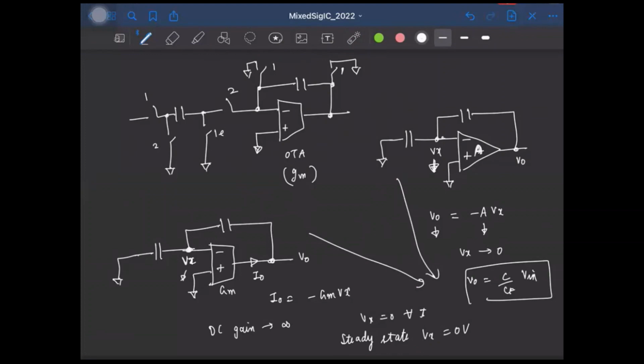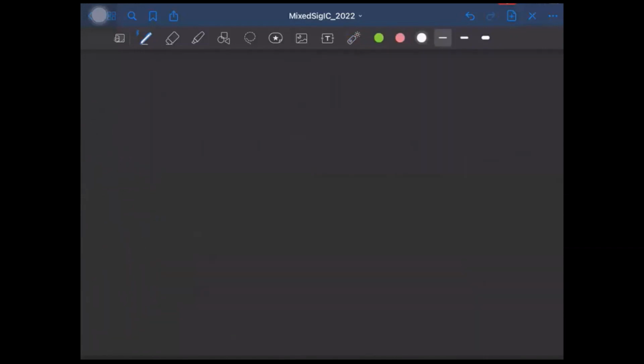But what will be more interesting is to look at how this transient waveform looks like. So for that, let's do a quick analysis. Before jumping into a full-blown analysis using KCL, let's try to qualitatively understand what will happen. So during the phase phi1, we have the circuit like this.